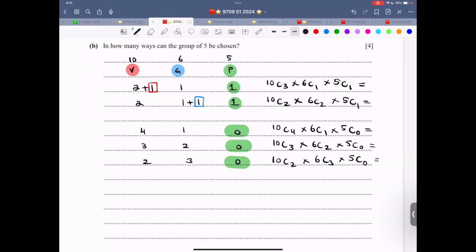So 410, this answer is 1260. And 320, this answer is 1800. 230, this answer is 900. And then the top one, 311, that is 3600. And then there is 221, that is 3375.